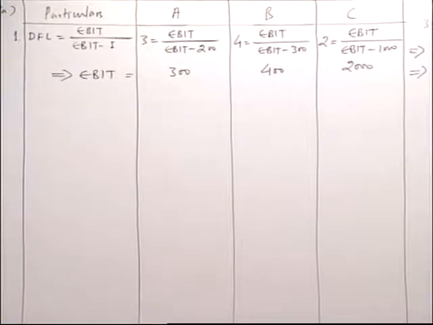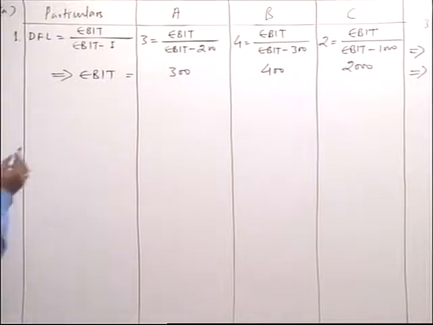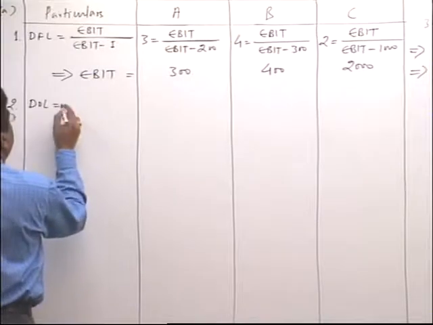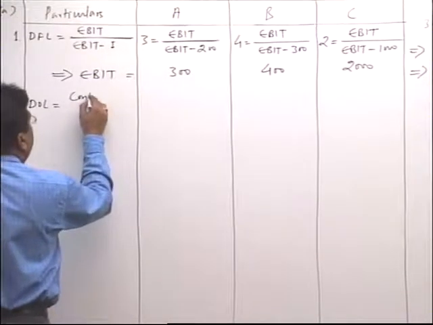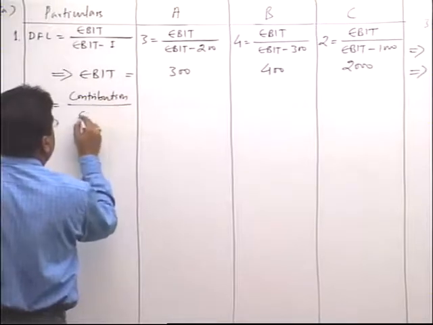Now, by making use of this EBIT found out and the degree of operating leverage given in the question, we can find out contribution. Now, use the formula of degree of operating leverage. Write down point number 2, degree of operating leverage is equal to contribution upon EBIT.